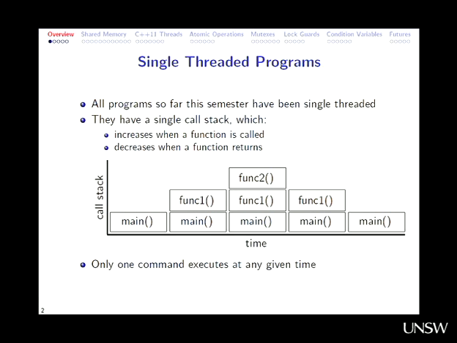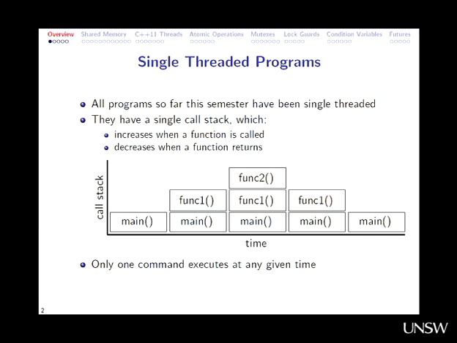When our program comes in, main becomes the first frame on the call stack. Inside main, we call function 1. Function 1 then goes up on the call stack and keeps running. Now, function 1 then calls function 2, and so function 2 now goes up on the call stack. You'll notice that once function 2 is on the call stack, main and function 1 are suspended until function 2 returns.